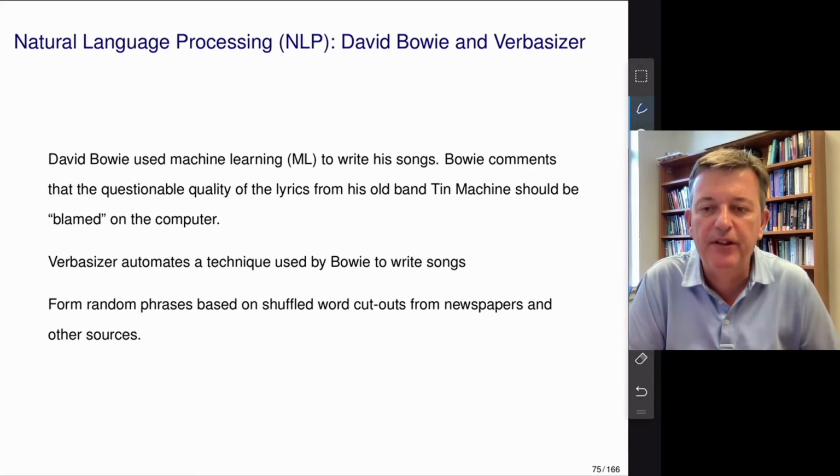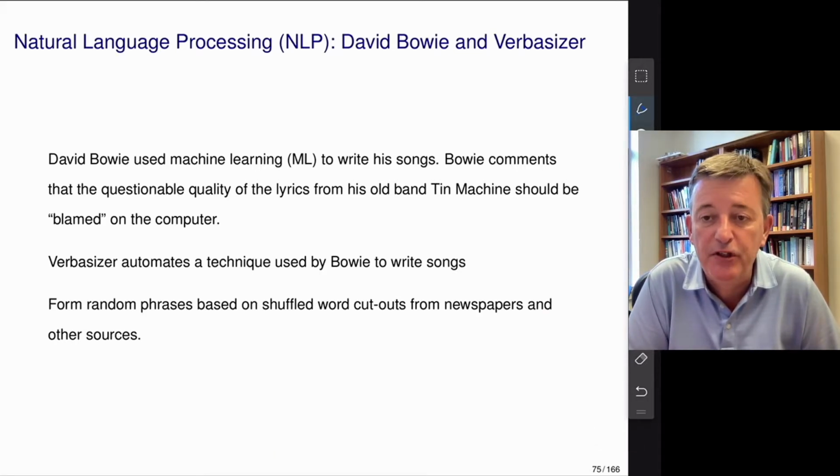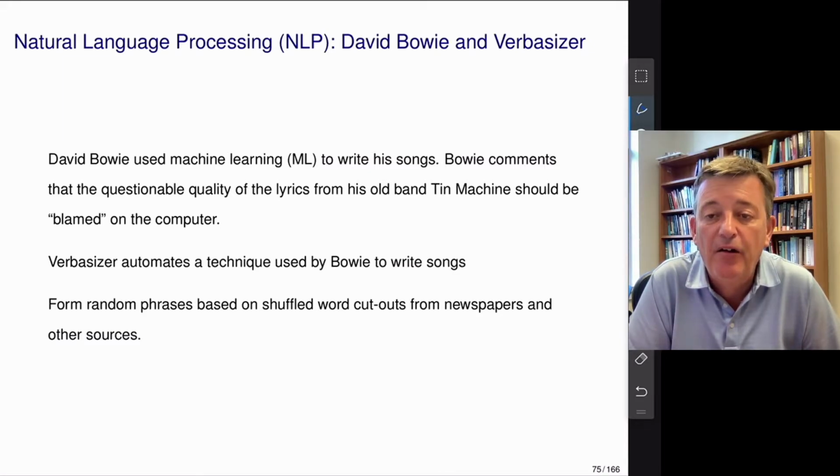Now, one thing that interested me was one of the original applications of natural language processing, and it was actually David Bowie. If you click on this link here, David Bowie built a machine learning algorithm called Verbasizer to help him write his songs.